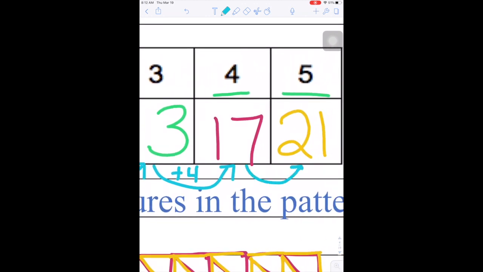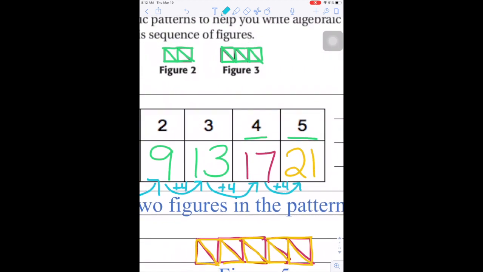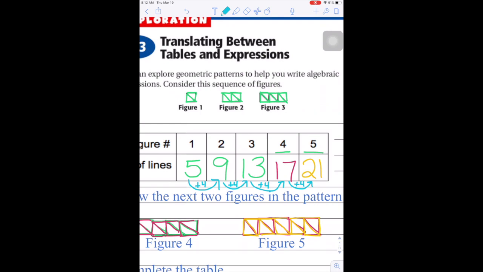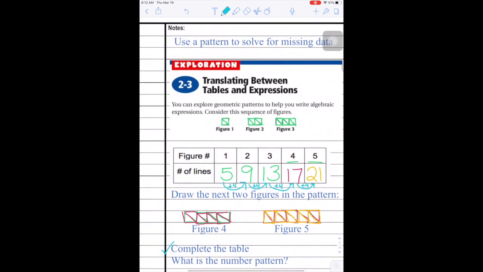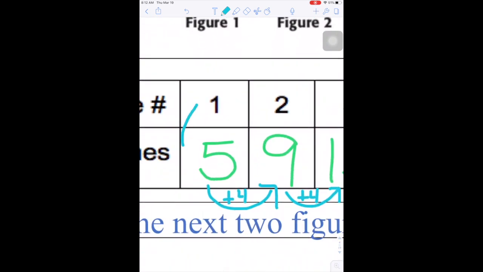And 17 to 21. So each time I added 4. That's a pretty easy pattern to see. There's a harder pattern to see that's happening too, and that's when we look from the top to the bottom. How did we get from 1 to 5?